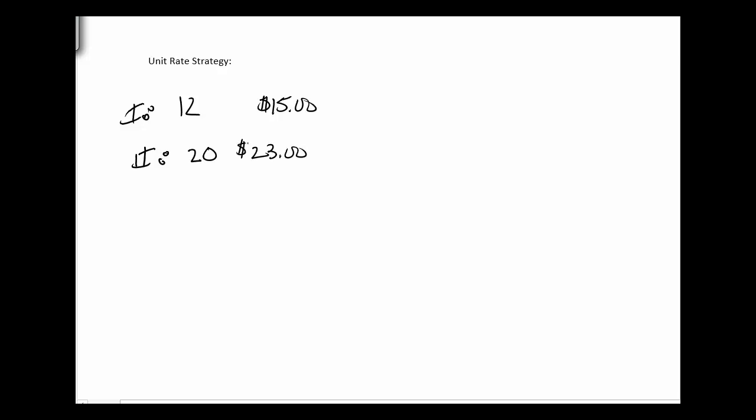Okay, so I could look at how much for one ticket. So if I take the 15 divided by 12 or the 23 divided by 20, and convert that, let's say we're just going to do decimal on this. So this would be $1.25, and this would be $1.15.